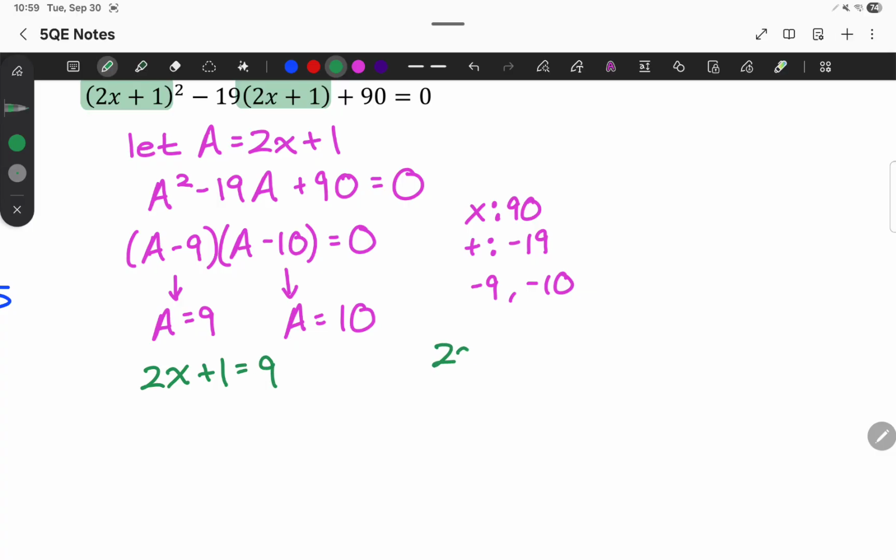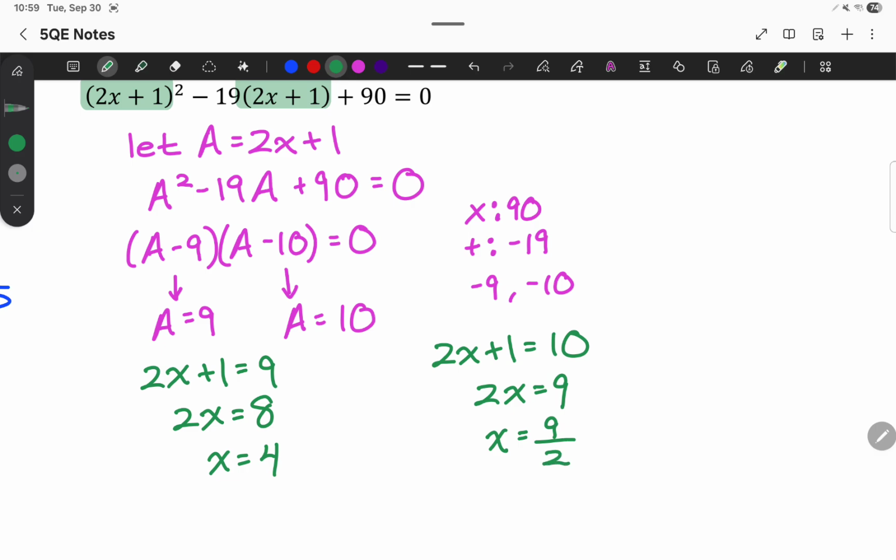Similarly, for our other case, 2x plus 1 equals 10. And then we solve for x in each case. In our first case, 2x is equal to 8, and x is equal to 4. In our second case, 2x is equal to 9, x is equal to 9 over 2, and we prefer a fraction, so we'll just leave it as an improper fraction.